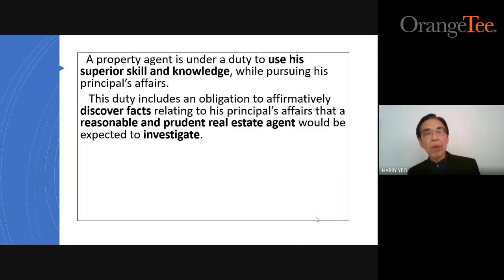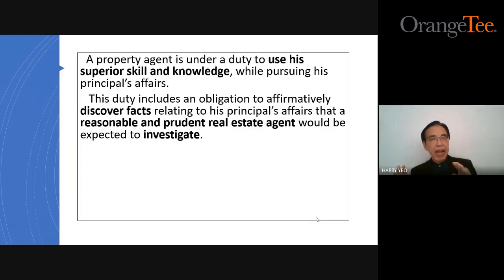So the duty includes due diligence. And what's due diligence? You have a duty to do some kind of investigation. Under the Code of Ethics and Professional Client Care, if an agent has been appointed to act either for the seller or buyer, landlord or tenant, it doesn't matter.